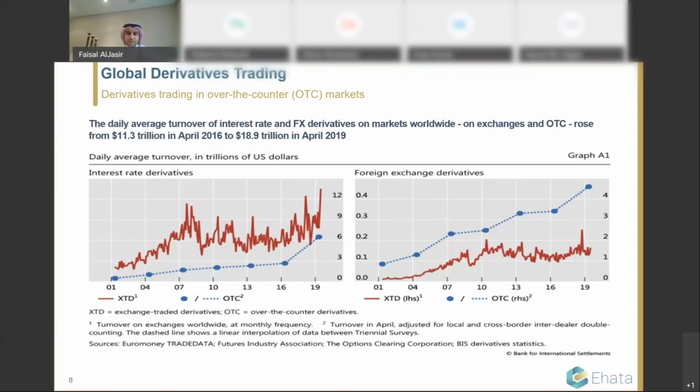You can see in this graph how OTC trading of FX derivatives goes up substantially. In OTC markets, the daily average turnover of FX derivatives increased from 3.4, as you can see on the right side, to 4.6 between April 16 and April 19. By contrast, exchange remained at merely 0.1 trillion.